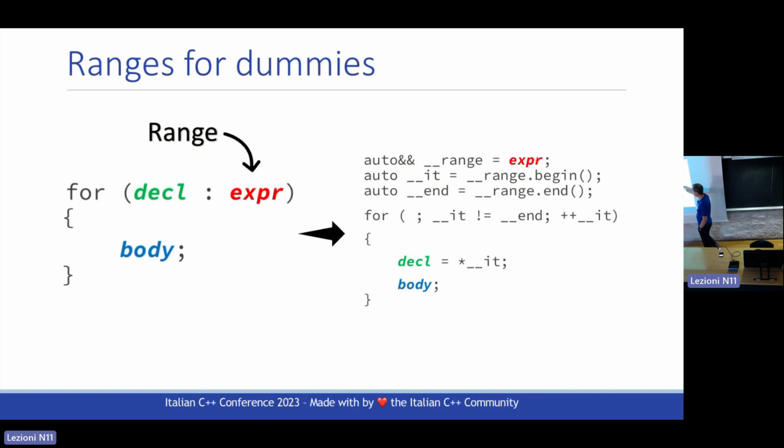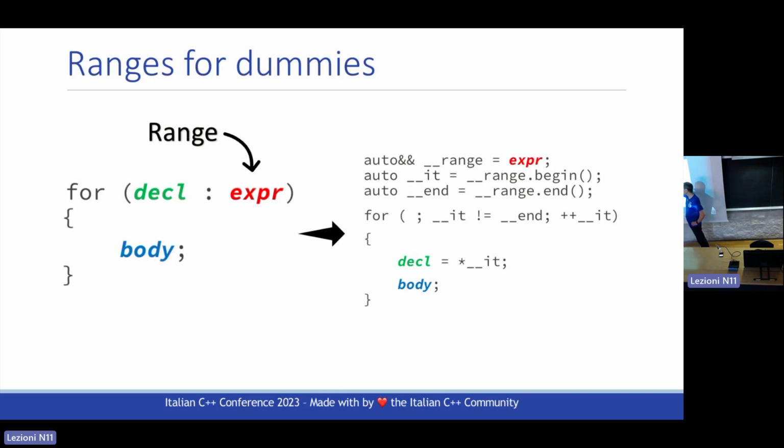However, looking at this code, we see what the minimal requirements for a range are. A range needs to have a begin and end. These two functions need to return something. Actually, it must be an iterator, so it has to have at least the increment and the dereference operation. And end need not be an iterator. It used to be so in the first C++ version that introduced the for range loop.